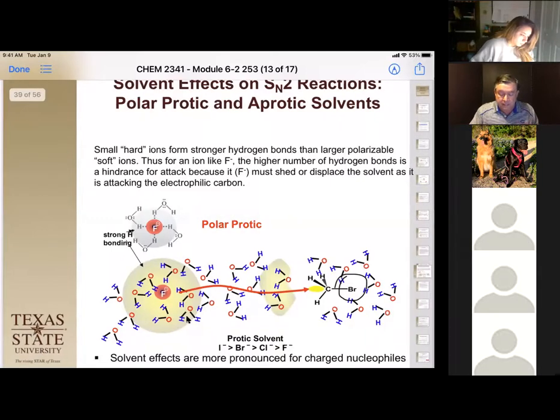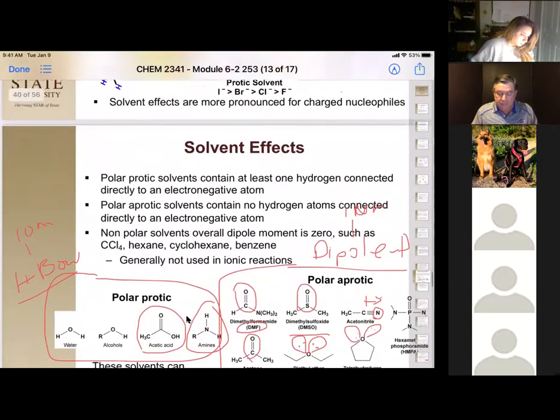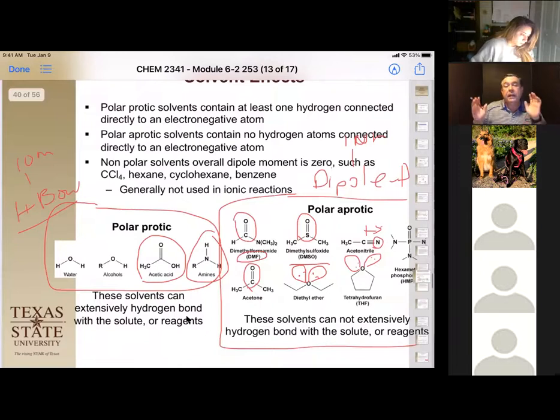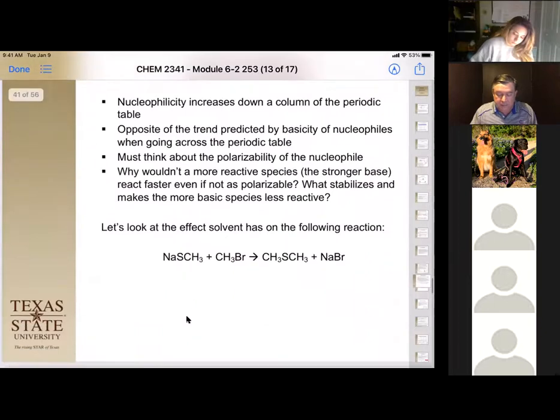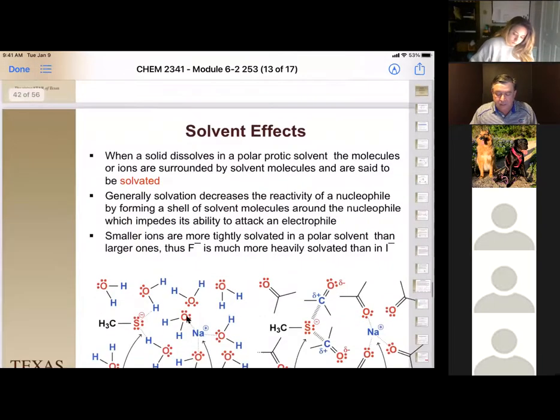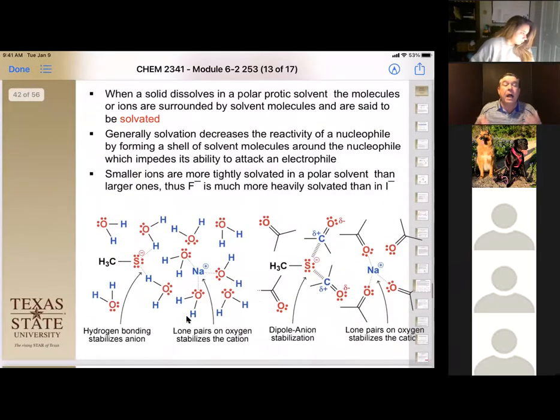However, if we change the type of solvent to a polar aprotic solvent, so it's a polar solvent that does not hydrogen bond, we get a different type of interaction. With that solvent effect, we get what we call a dipole-ion interaction.